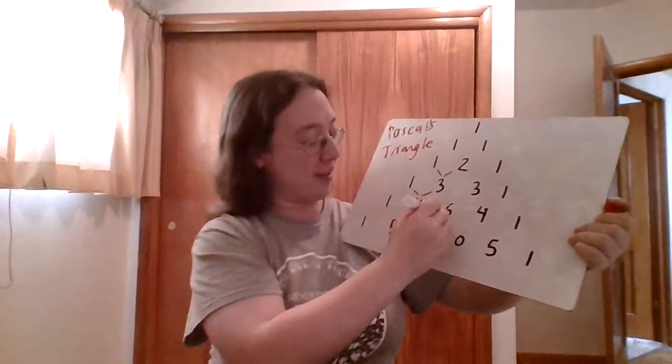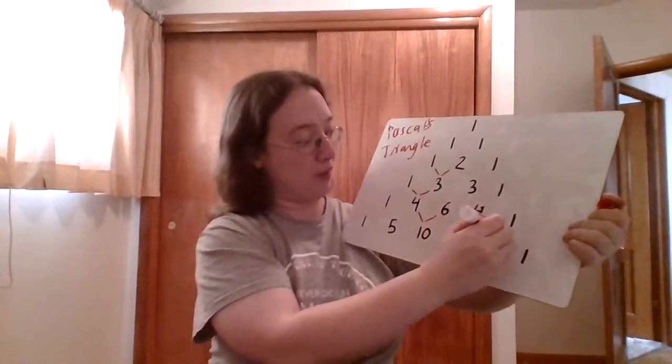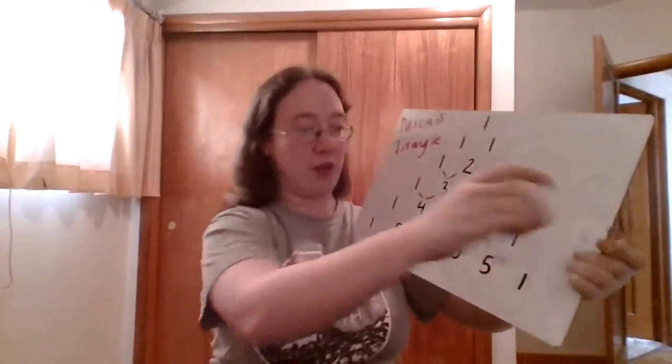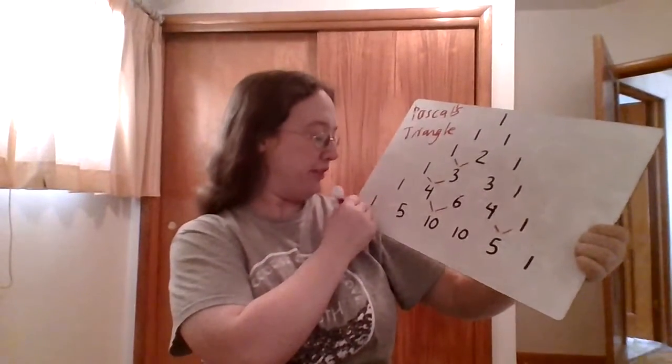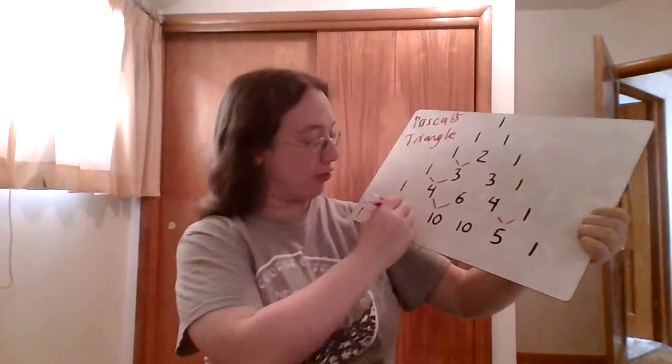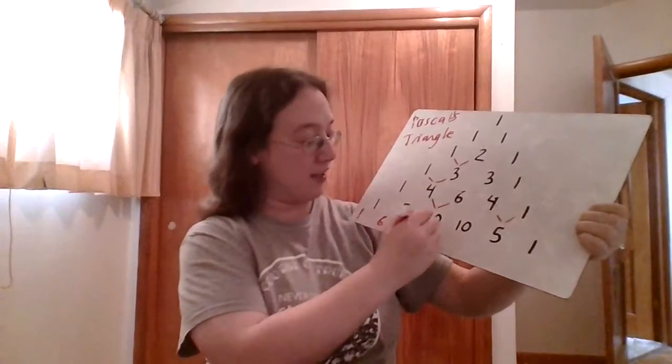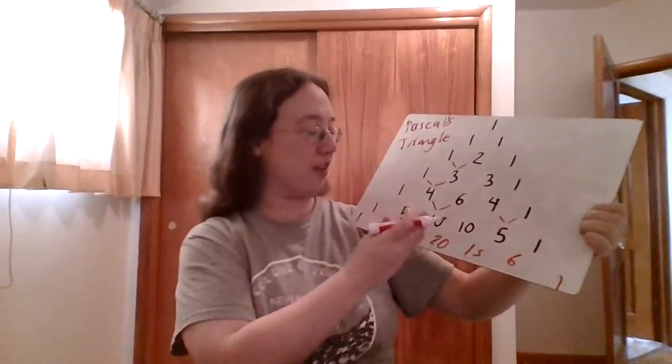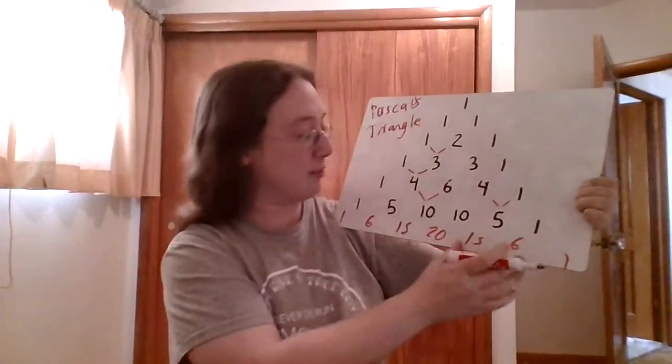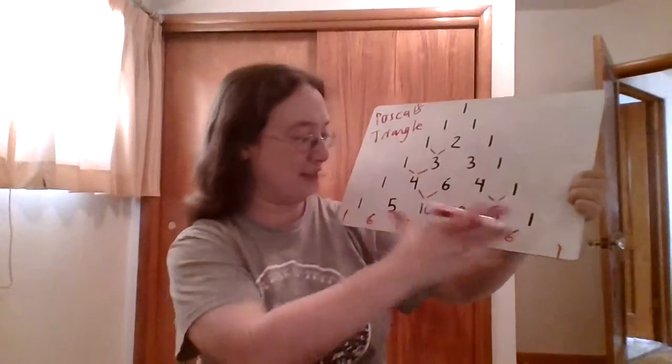So like 4 and 6 give you 10. 4 and 1 give you 5. So if we want to find, say, the next row, there's always 1s on the end. So 1 and 5 gives you 6, 5 and 10 gives you 15, 10 and 10 gives you 20, 10 and 5 gives you 15, 6 and 1, and you may notice it's symmetrical, so these numbers are repeating. So we got 15s, 6s, 1s, so it should be the same on both sides.